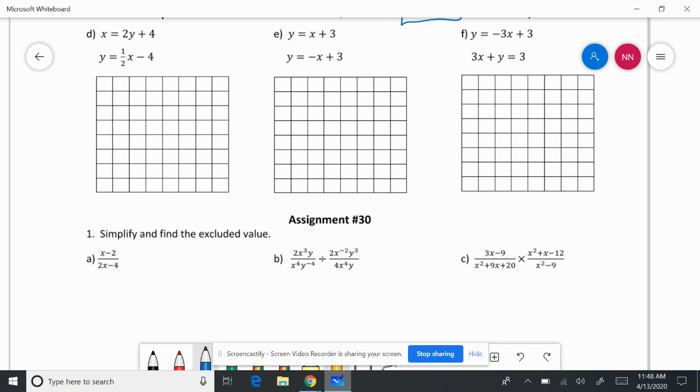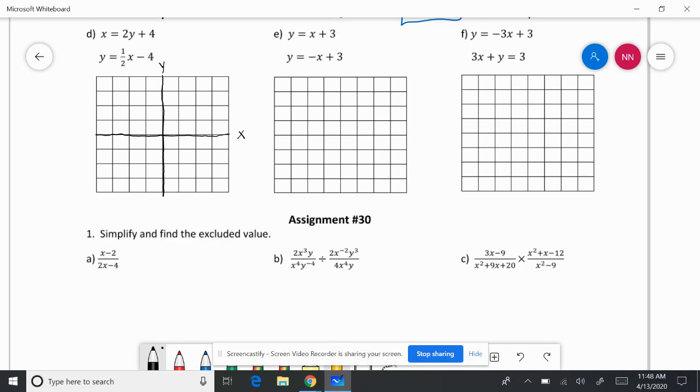What we're going to do is continue solving by graphing. If we're looking at our first graph, remember, we're going to make our XY axis. This is our X, this is our Y. With our first equation, notice that the Y is not by itself, so we need to get it by itself.